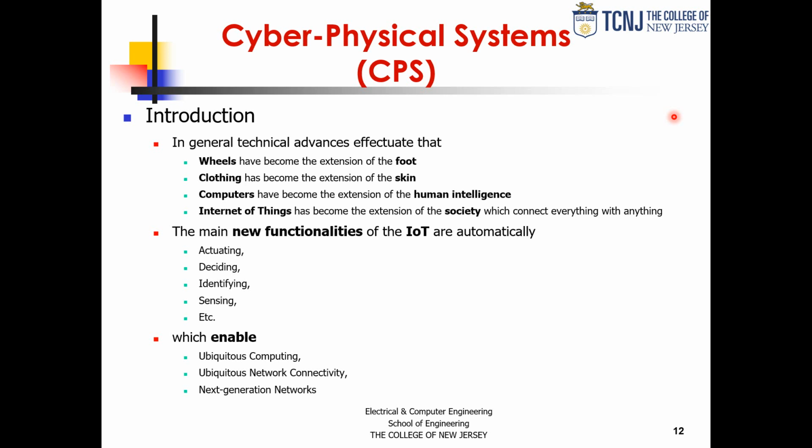So this is really the essence that enable pervasive computing, which we have a chapter on, and pervasive network connectivity. So that's the point, that everything is connected to everything else in ways that we perhaps have not been able to think about or materialize before.